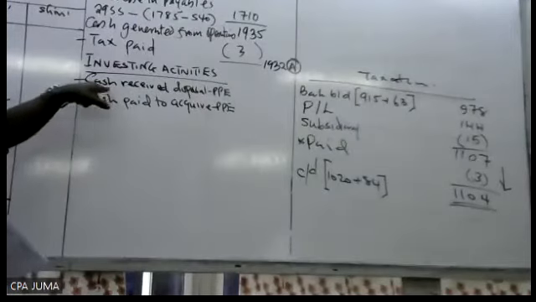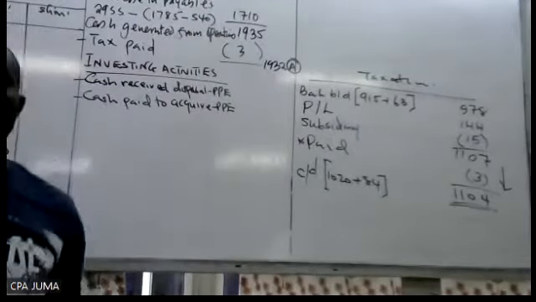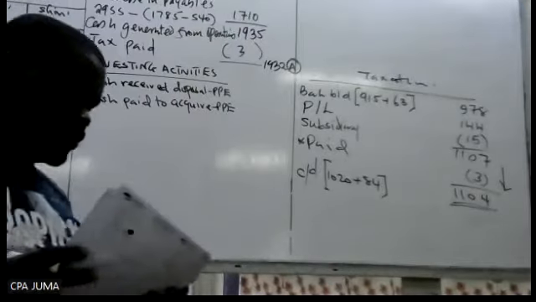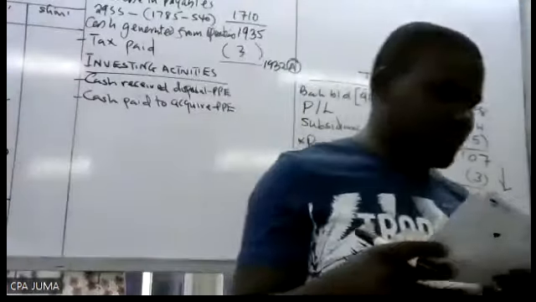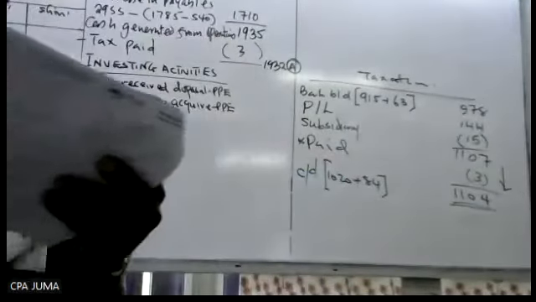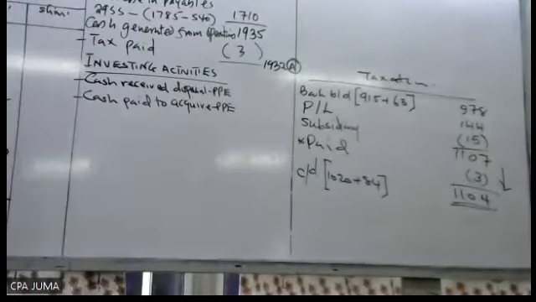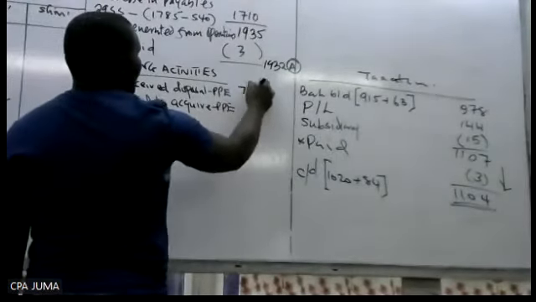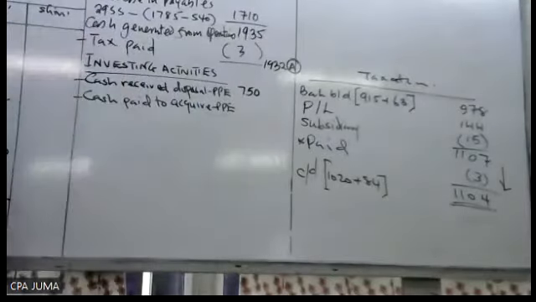They gave us this one, the cash received on disposal of PPE. Which note? Check note 2. An item of property with a carrying value of this was disposed of during the year for 750. Cash inflow. We disposed and we received 750.